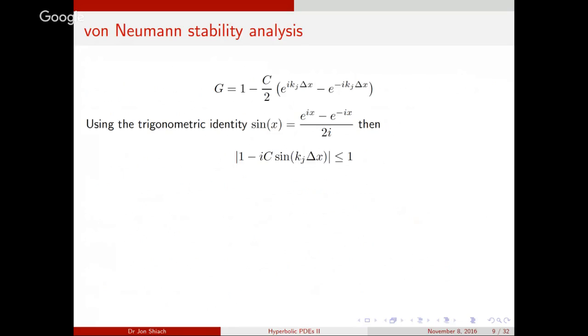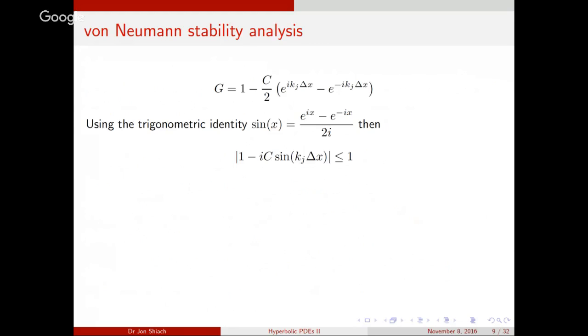Anyway, from Euler's identity, we get this.